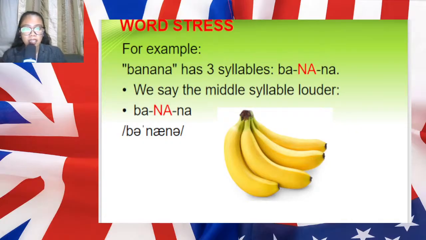And when we are speaking English, using the right word stress really helps listeners, the recipients of your information, instantly recognize what you are saying as the speaker, because of that familiarity. That familiarity can really help you build rapport with your receiver of the information, or with your listener, basically.